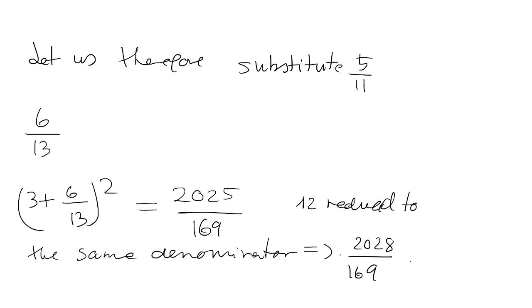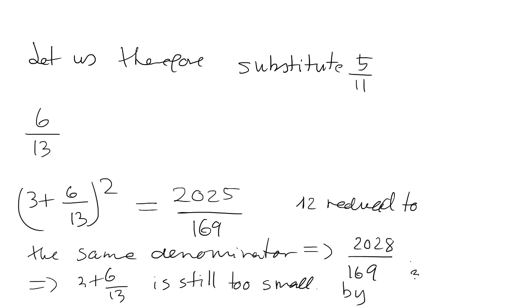So yet again, it implies that 3 plus 6 divided by 13, try it with your calculator, is still too small to be the square root of 12, but only by 3 divided by 169. So we're getting closer and closer and closer.